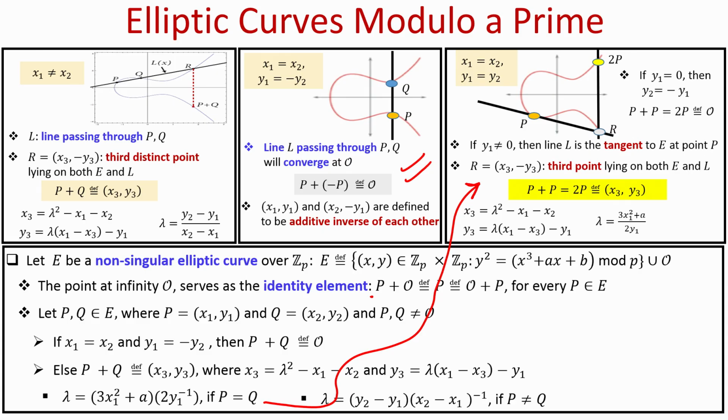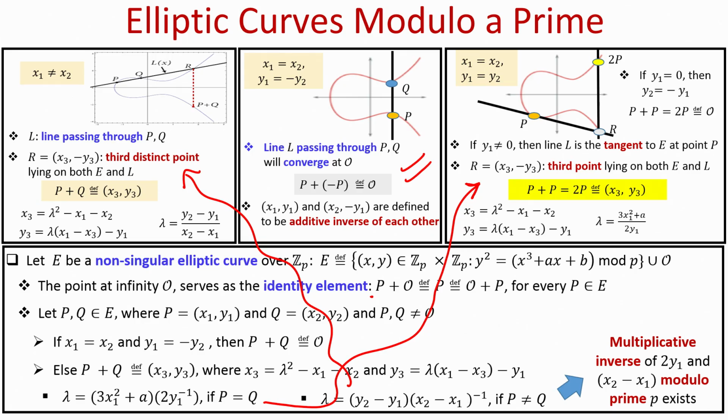And if P is not equal to Q, then lambda is basically the slope of the line passing through the points P and Q, which is similar to the first case for the elliptic curves over the real numbers. And it turns out that all the plus operations and all the multiplication operations that we are performing here are modulo p, when we are performing operations on elliptic curves modulo p.